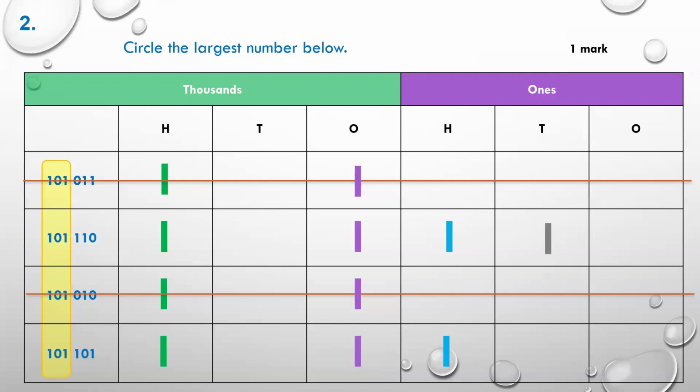And there are no zeros, so I can't put any ones. And if we go into the fourth number, there are no tens. There's 0 tens, but there's 1 1. So which of these is larger? 110 or 101? Clearly 110. So that is our largest number.